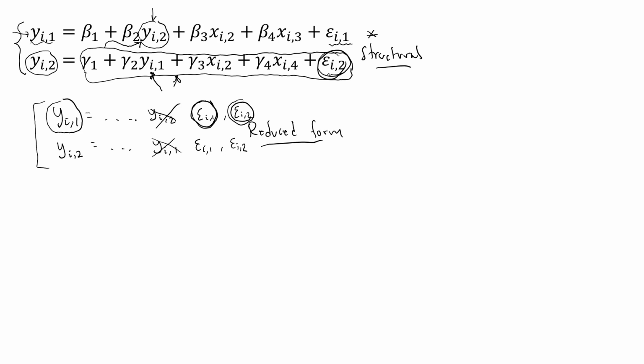That will follow in general from the reduced form. The same goes for yi2. It's not only going to be correlated with epsilon i2, but with epsilon i1 as well. So there will be a sort of cross-contamination of these two errors into both of the equations.